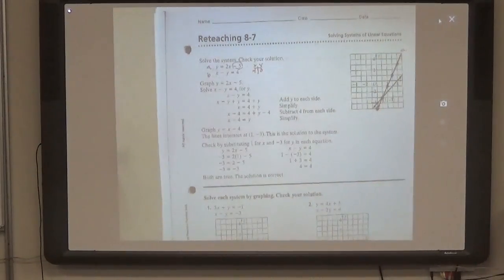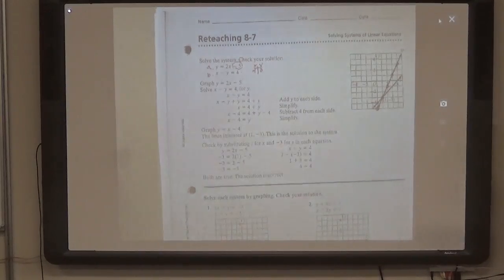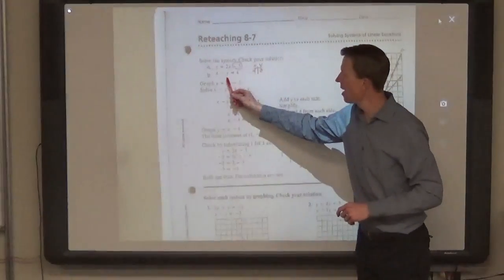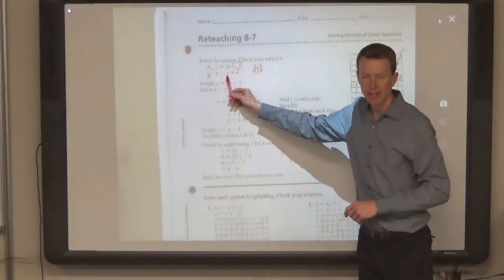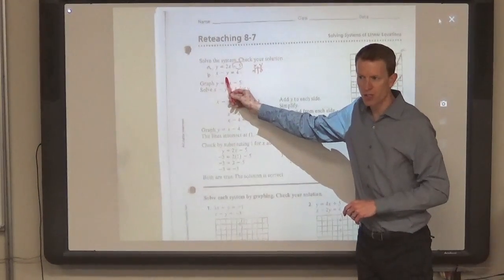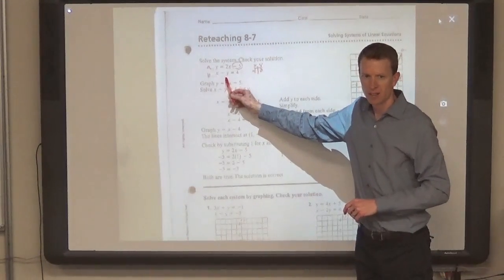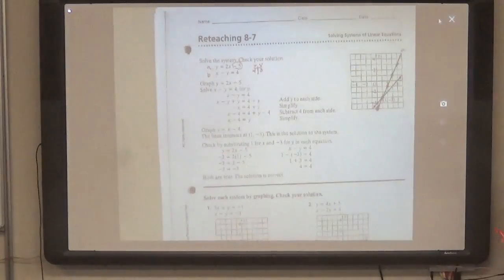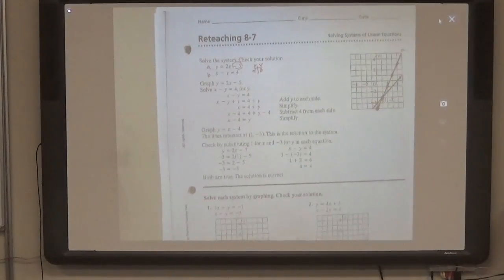Might be easier than solving. And oftentimes when you have x and y on the same side, it's easier to use this method, which is to find two numbers. Find another set. Two numbers, subtract them, and it equals 4.